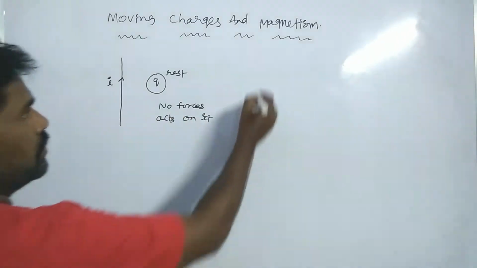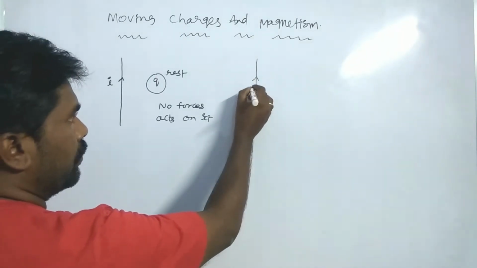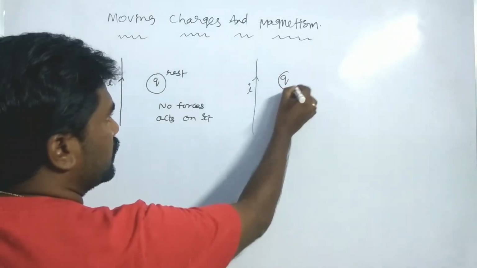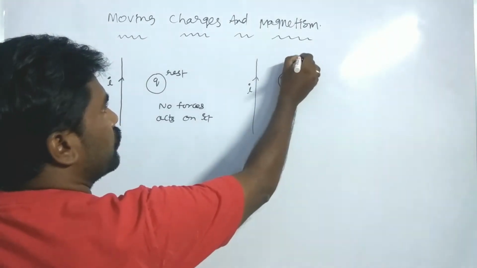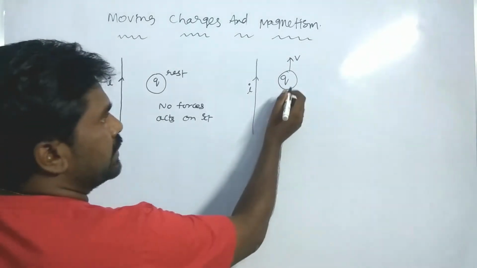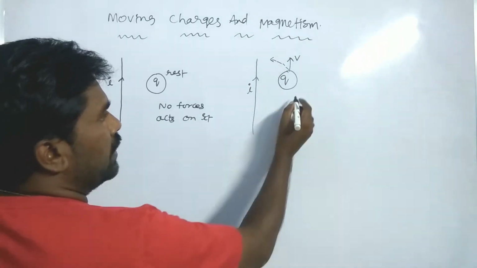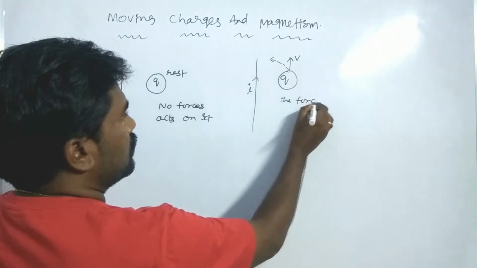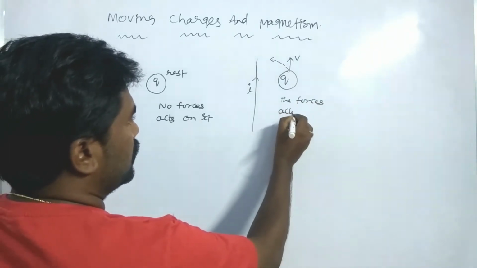If there is a current carrying wire and we keep near it a charge q which is moving with velocity v, then it deflects at some angle, that is, a force acts on it.